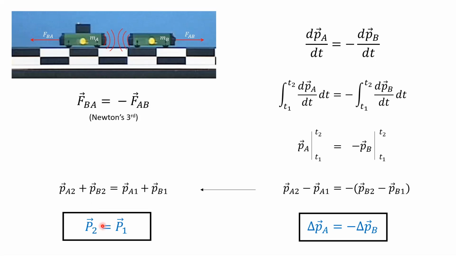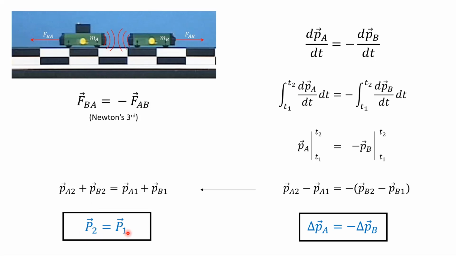And I like to use, or most books use, a capital P for that. Hopefully you can tell the difference. So capital P is the total momentum at time 2. Capital P sub 1 is the total momentum at time 1. And we have this remarkable statement that even though the momentum of each cart separately is changing, obviously as cart A slows down, its momentum changes.